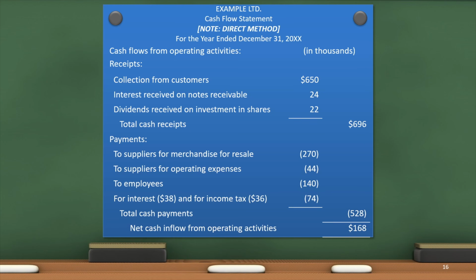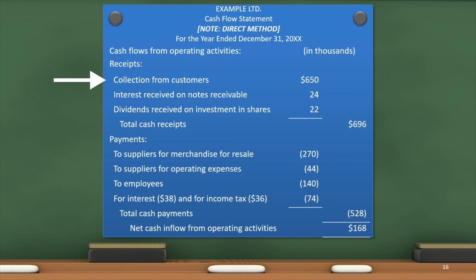Now again, this example, even though it's a new set of numbers, it is still the direct method. You can see that we have cash flows from operating activities, and this is broken down into cash receipts or cash inflows and cash payments or cash outflows. And it's pretty easy to read.